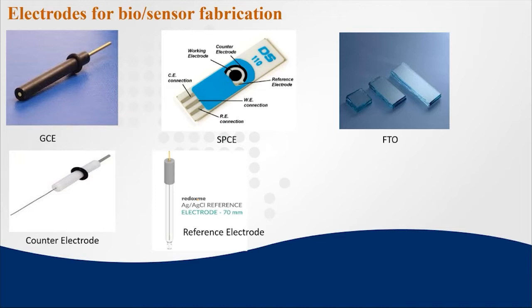I'll put it that way. We look at the methods that would make it easier or would give us a better performance as compared to the other methods. And we know that there are various methods that we could use. We have different electrodes that we can use. In this case, we have a classic carbon electrode, screen printed, FTO, and others.